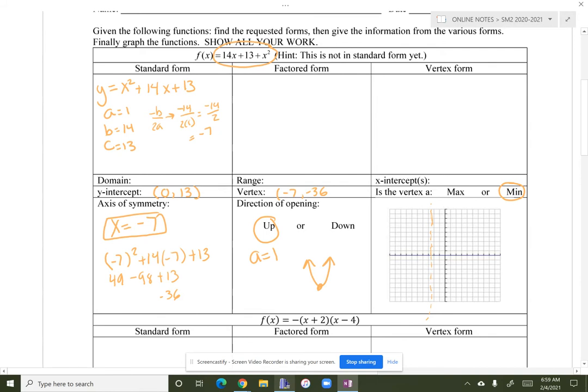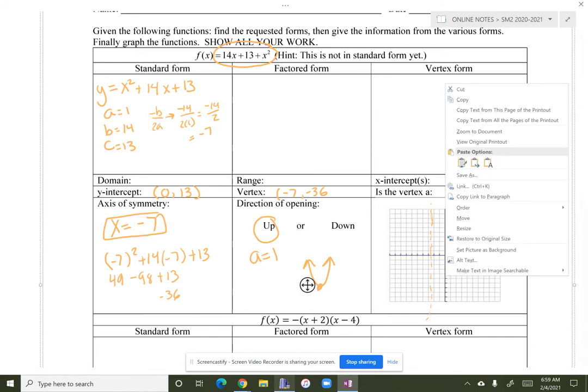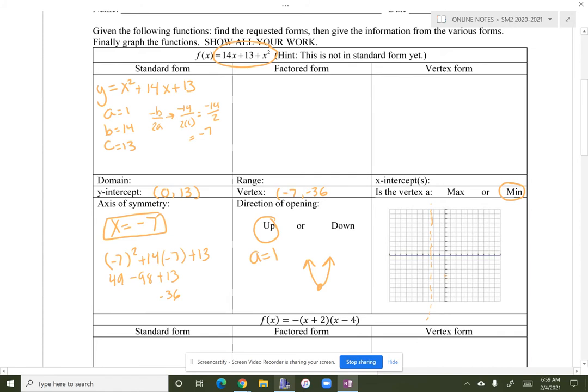And so 0, negative 13, 3, 6, 9, 12, a little bit. And then negative 7, negative 36 will be down 8, 9, 10, 11, 12, just 36. Divided by 3 is 12. Okay. I also know if I have this point here, I'm going to have this point here because of the axis of symmetry.